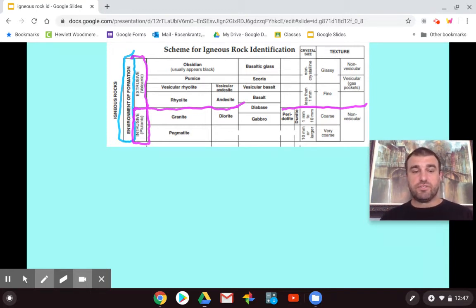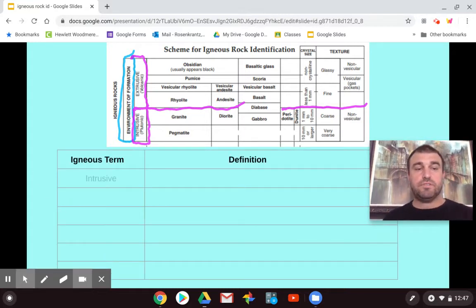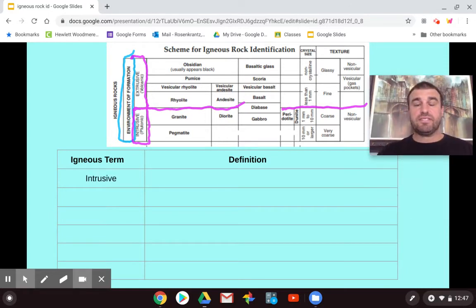Let's take the first word, intrusive, and we're going to fill this chart in. An intrusive rock has the prefix in. This means it is an igneous rock that formed inside of Earth, so it formed from magma. Since there's magma and lava, you can have rocks cooling from magma, or rocks cooling from lava.